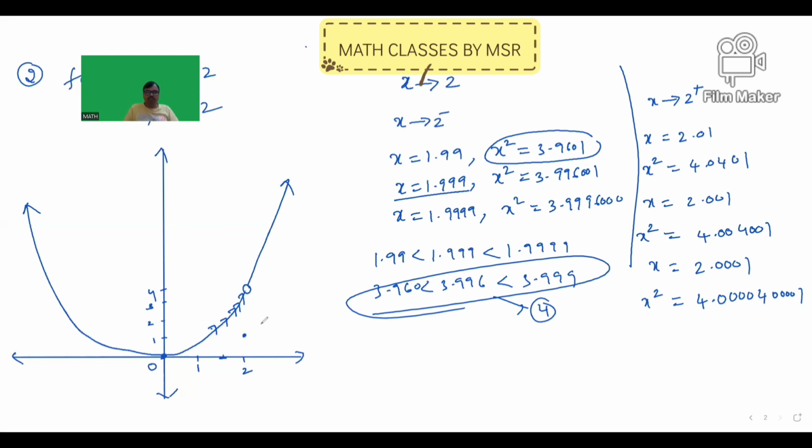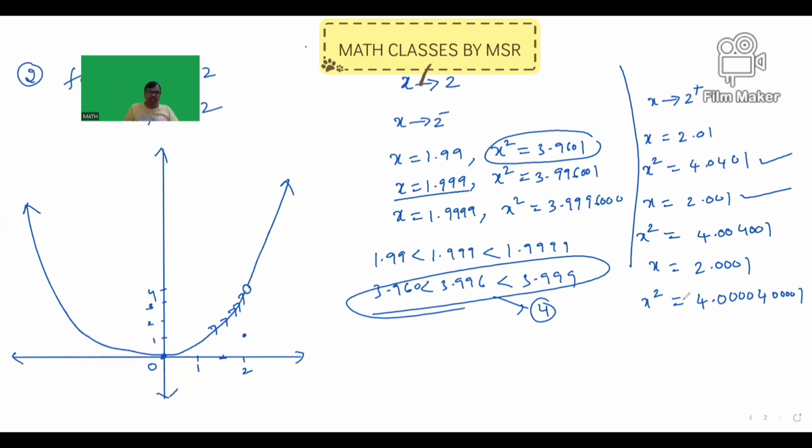At 2.01, the value of x square is 4.0401. At 2.001, the value of x square is 4.004. So the value is reducing from 4.04 to 4.004.